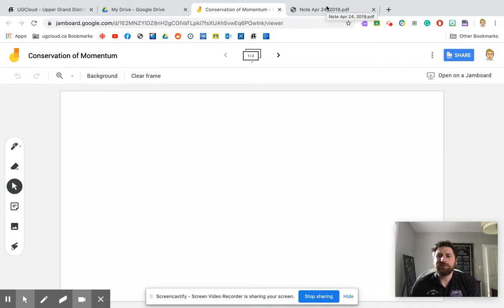So conservation of momentum, and I think you were able to calculate momentum. Momentum is just mass times velocity of an object. And conservation of momentum is just that momentum is not created or destroyed, only transformed from one form to the other when two things collide.